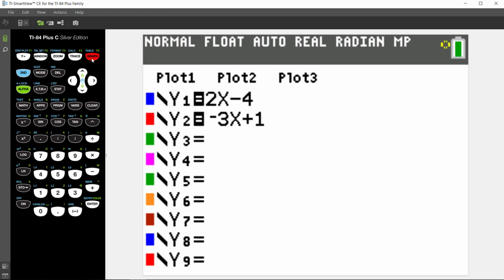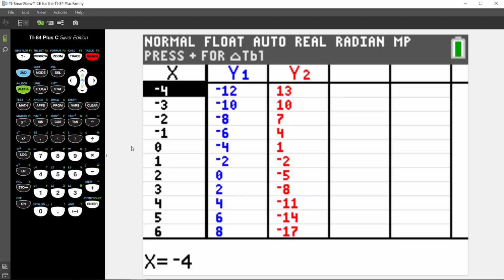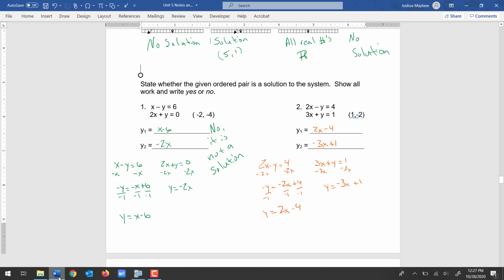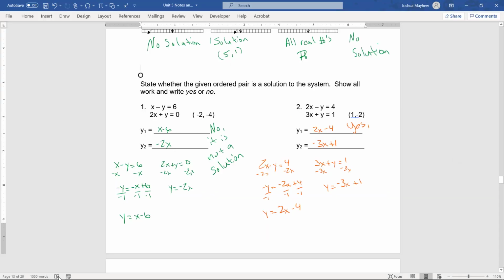We're trying to determine if the point (1, -2) is a solution. So when x is 1, the first graph is -2, and the second graph is -2. What that means is that point is on both those lines, so they actually do intersect at that point. So your answer is yes, it is a solution.